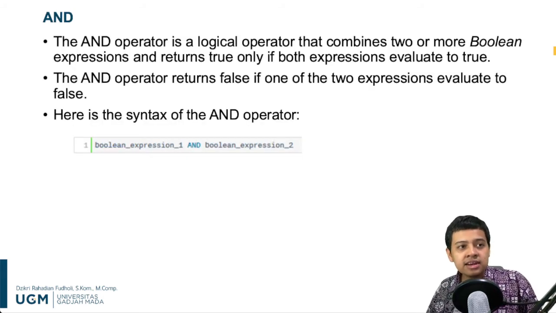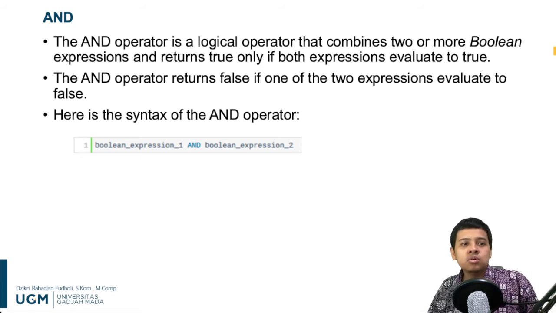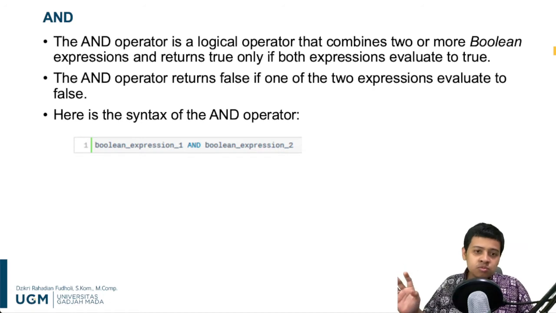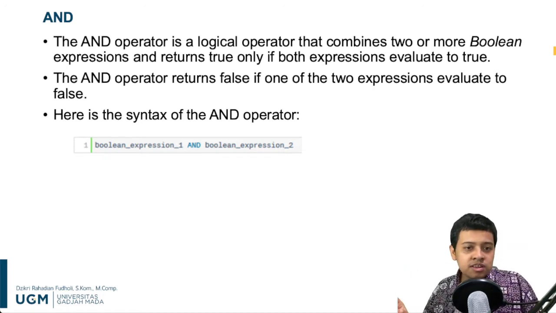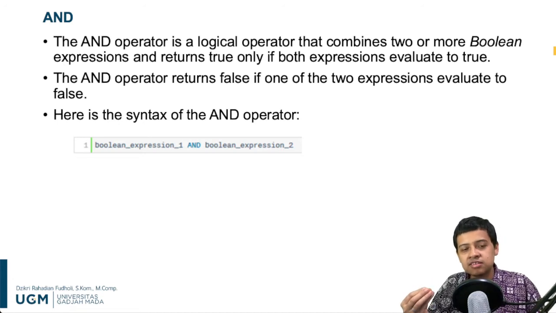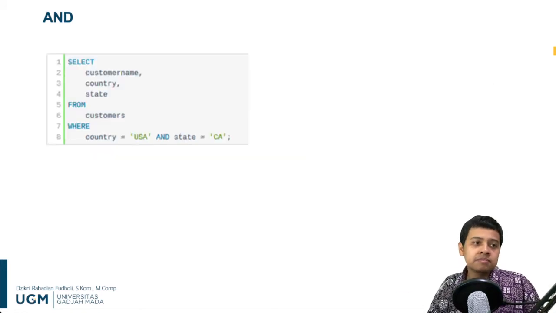The next one is AND. AND is a logical operator, so it is used for conditions. Here is the syntax. We have the first Boolean expression and the second Boolean expression. If we want to combine them, for example, the condition has to fulfill both of these, then we will use the AND operator.